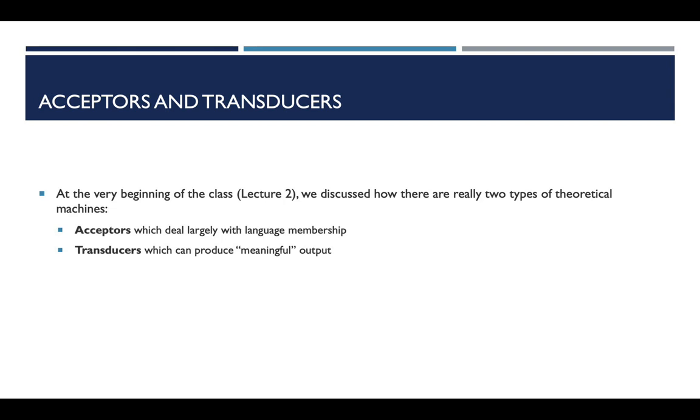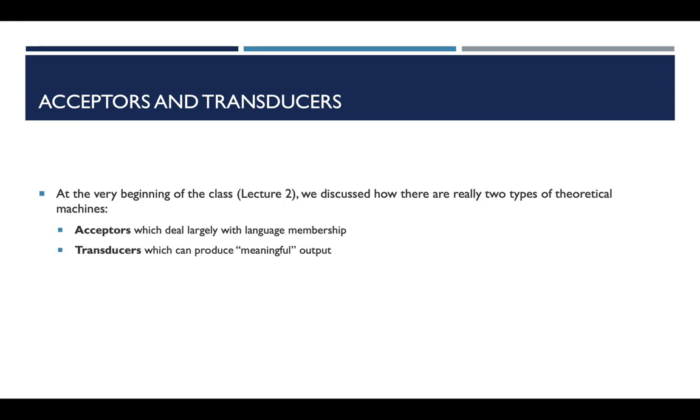You give an acceptor an input, and the acceptor tells you yes or no, and typically that yes or no question is: is this string input that I've given to you a member of the language that the machine is set up to recognize? Transducers, on the other hand, can actually produce what I've put in giant sort of quotes, meaningful output, which means that transducers don't necessarily provide only a Boolean result.